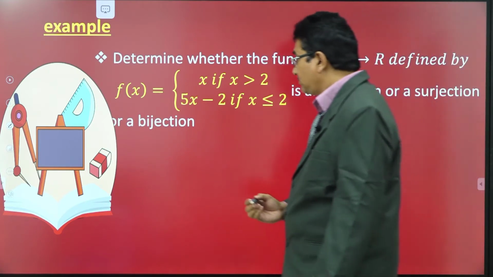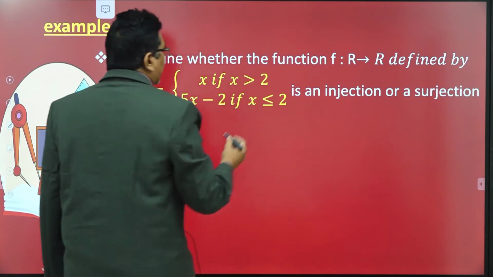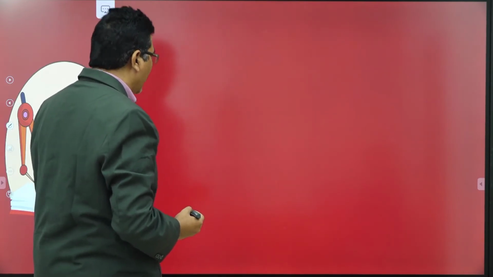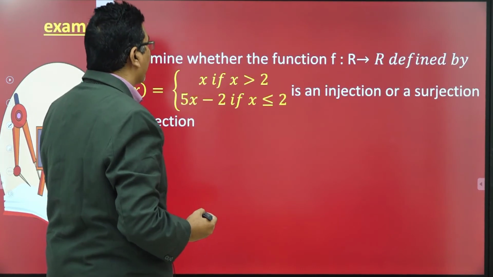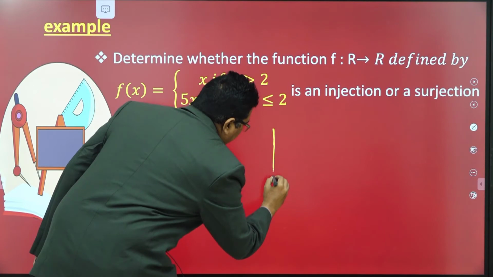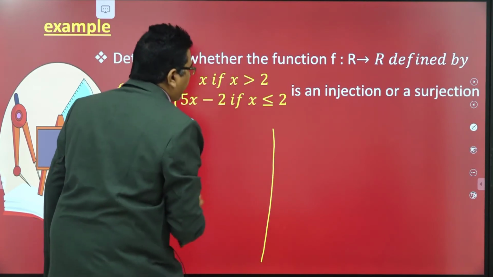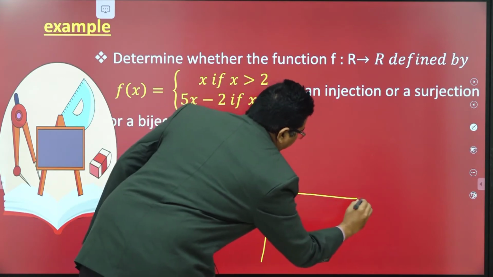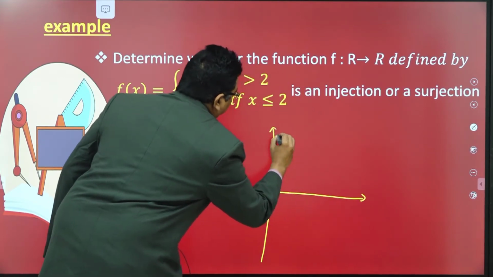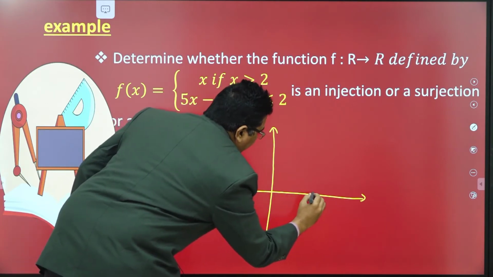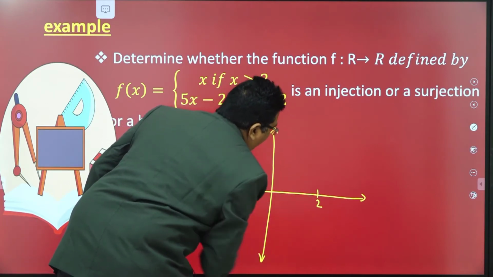f of x is equal to x if x is greater than 2. Draw a graph. This is the y-axis, this is the x-axis. This is x is equal to 2.